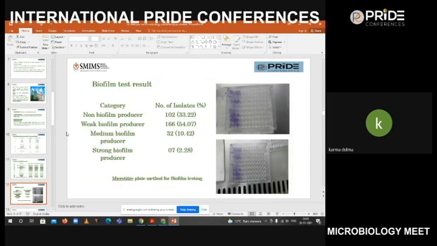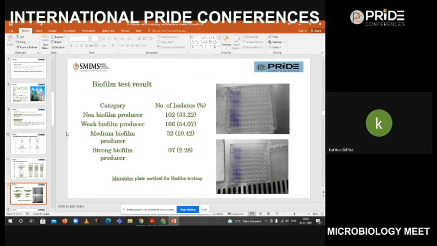Coming to biofilm production, biofilm identification was performed by the microtiter plate method, where we used trypticase soy broth with 0.25% glucose at 37 degrees Celsius.